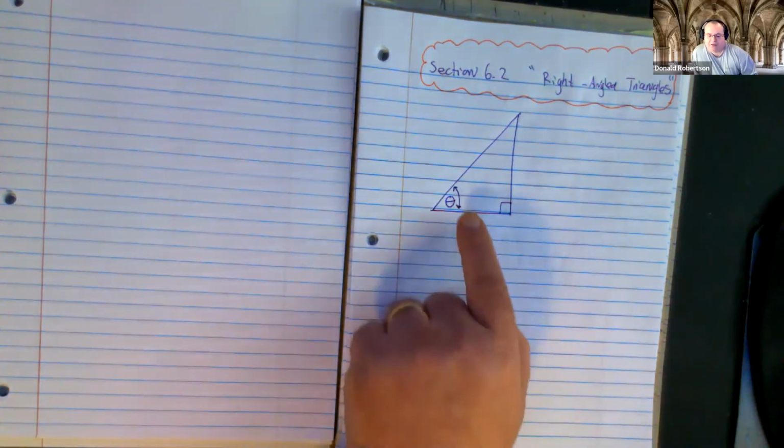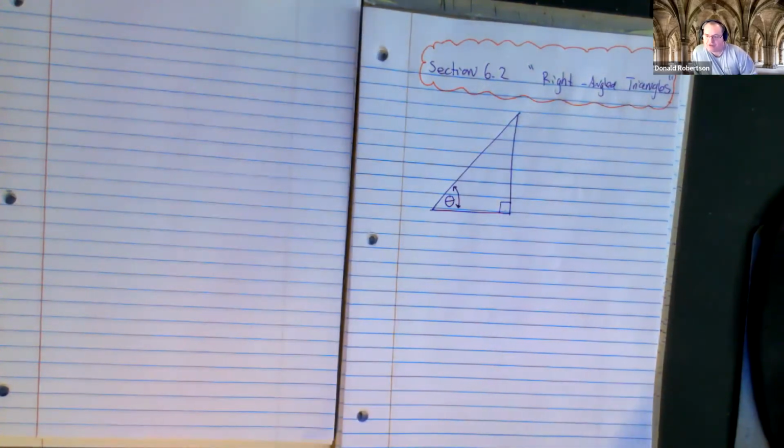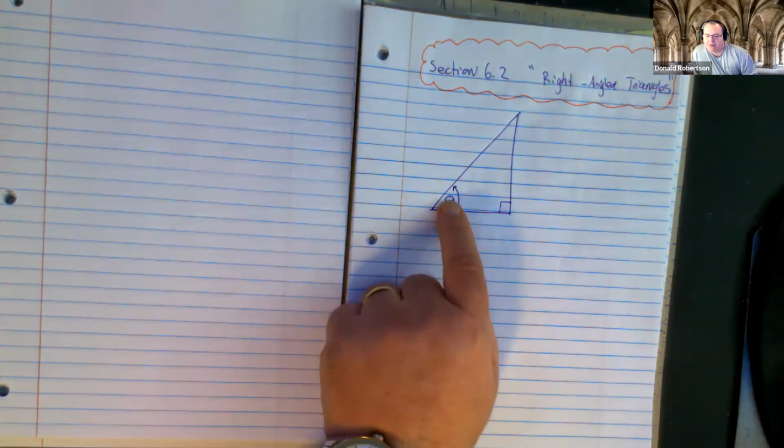So the angle of interest here is theta. When you have a right-angled triangle and there is a specific angle of interest in it, we can name the 3 sides. So each one of these 3 sides has a very specific name, and it gets its name from this angle's perspective.